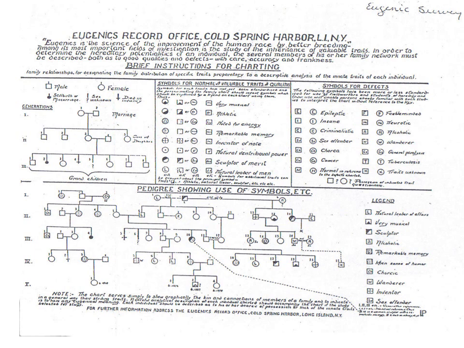So the idea was essentially Cold Spring Harbor hired a bunch of people: graduate students, assistants, biologists, doctors. Women were involved in this. They would take blank pedigrees that you can see down at the bottom. There's an example, right, of showing some of the symbols, and we'll talk about those in a second. But basically, they would take these blank pedigrees and go around.